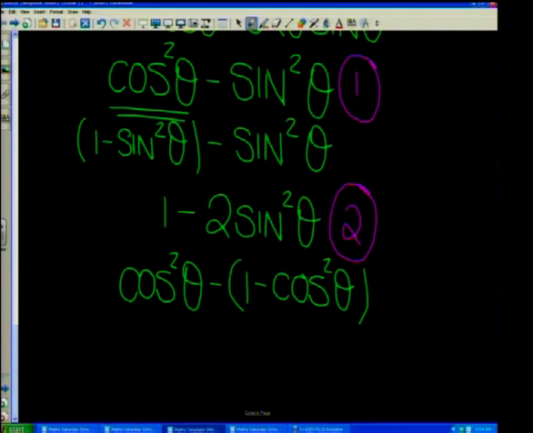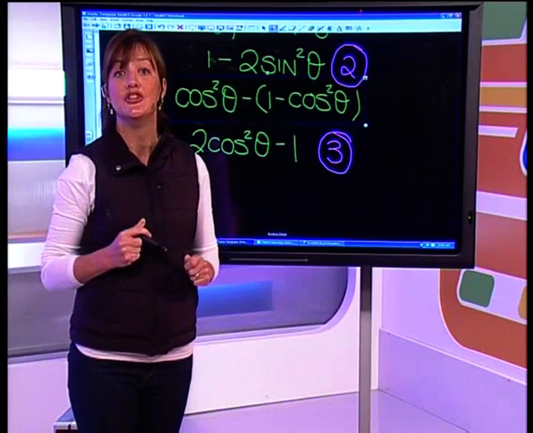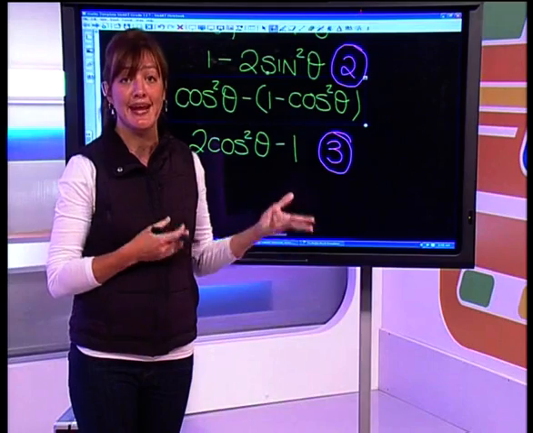When we simplify that, a negative and a negative make a positive, so we're sitting with 2 cos squared theta minus 1. And that, grade 12s, is the third identity that you need to know for cos double angles.